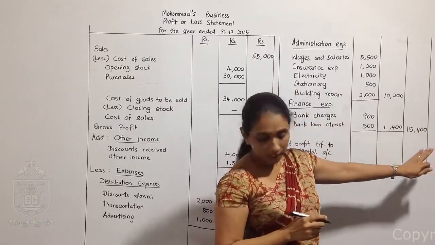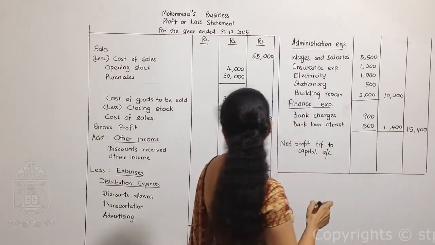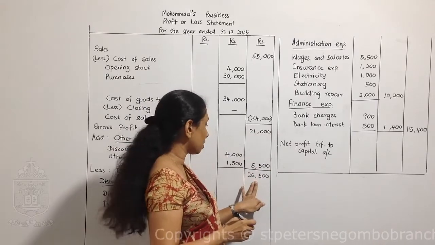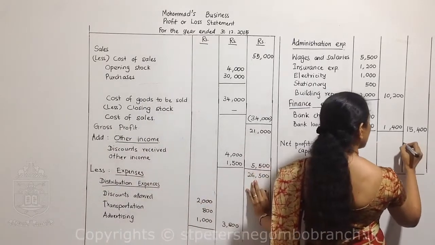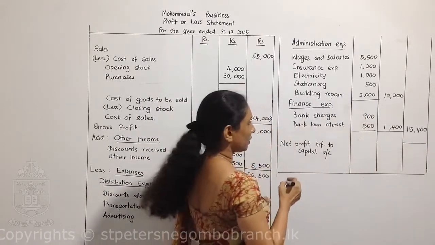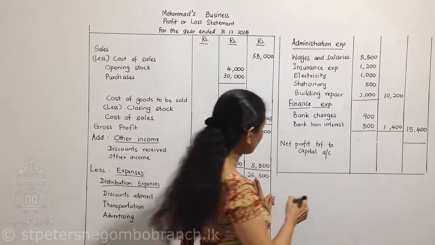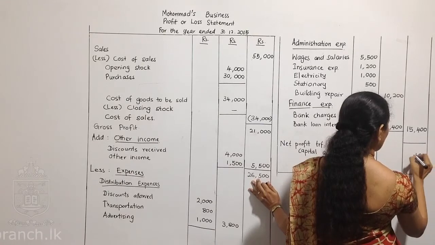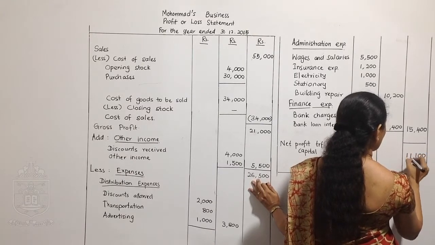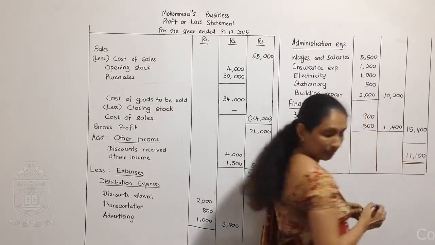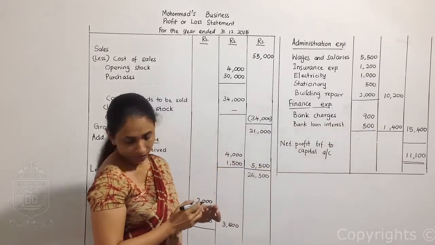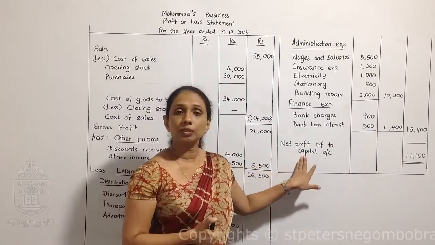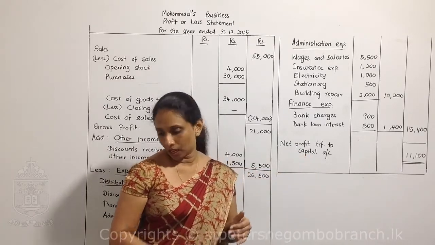So we will deduct that from the total of gross profit and the other income, which is 26,500. We will end up having 11,100 of net profit, which will be transferred to the owner's capital account.